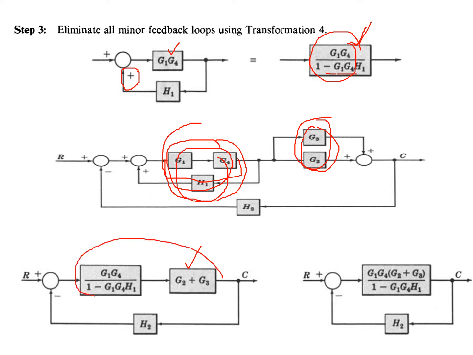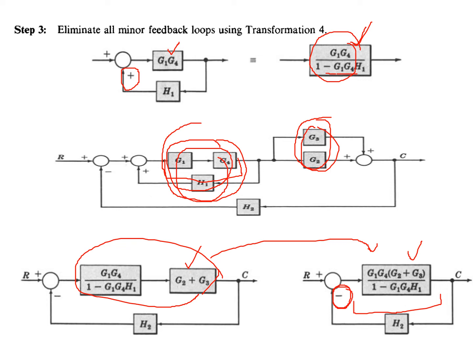Again these two are connected in cascade, so they are represented by the product of those two block gains, that is a single block, this one. Again this is the feedback loop. Here this is the negative feedback loop.